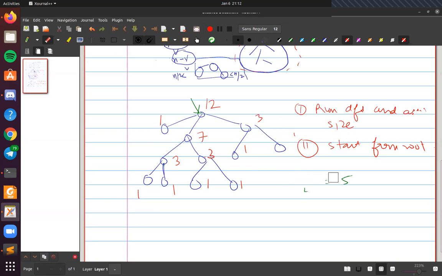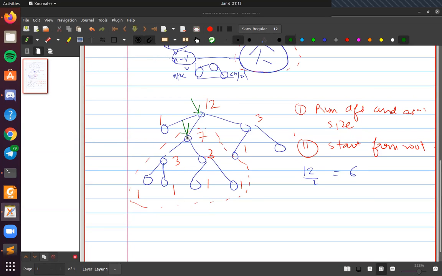Now the number of nodes is 12, and 12 by 2 is 6. This part does not satisfy the condition, so our centroid will lie in this part, so we move to this node. Now we again check.